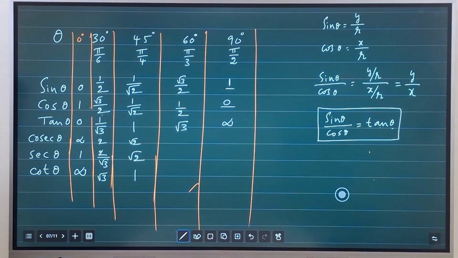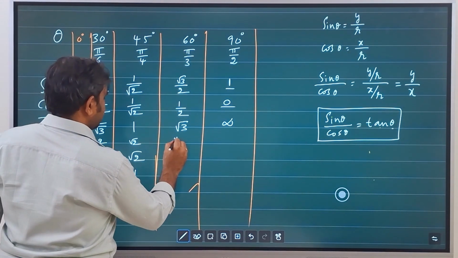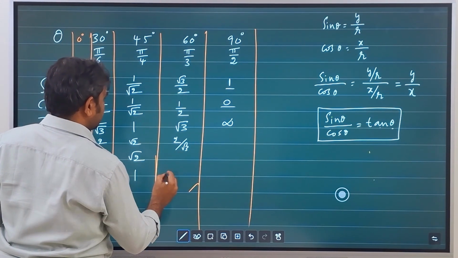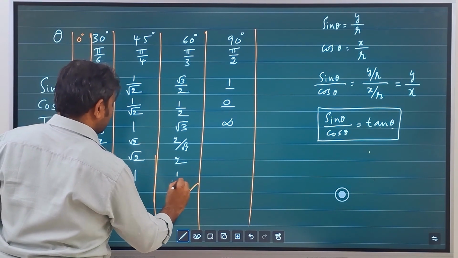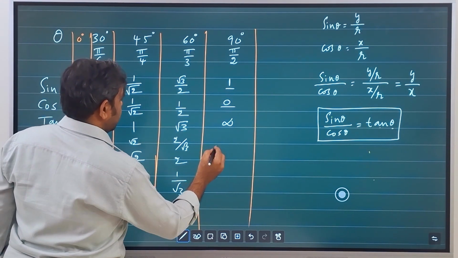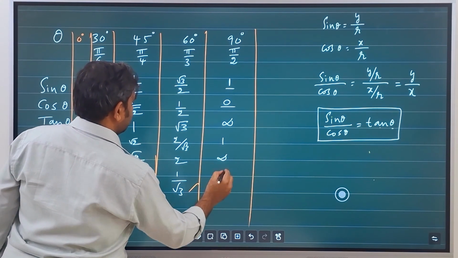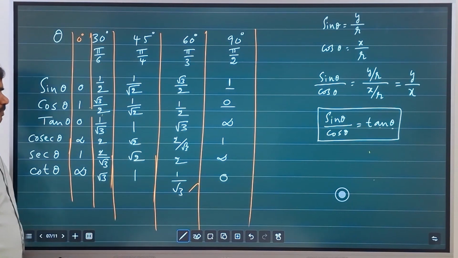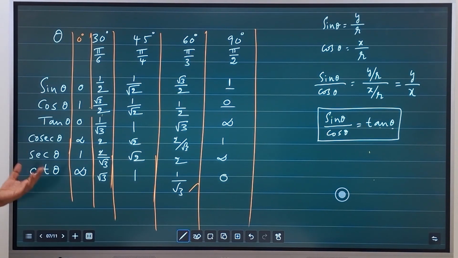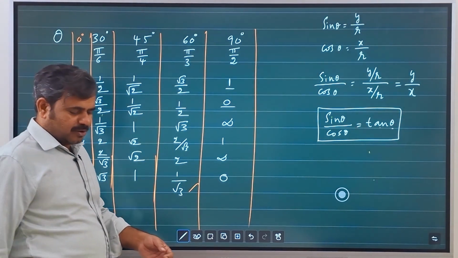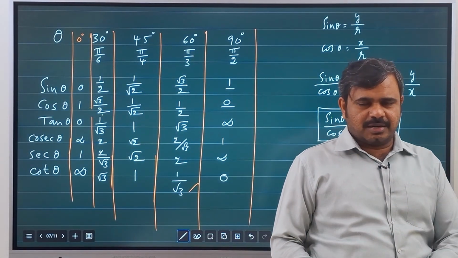So cot 45 degrees is also equal to 1. Similarly, we can write the other values also. 2 by root 3, 2, 1 by root 3, and 1, infinity, 0. This is how we can find the values of different trigonometric ratios at different angles.